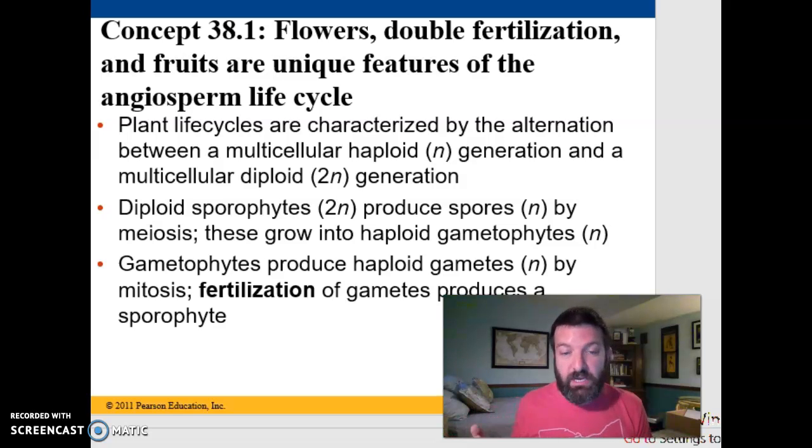The diploid stage, the 2N stage, is called a sporophyte because it has sections of cells that will undergo meiosis to produce haploid spores, which will then leave, depending on the type of plant, and maybe grow up into a haploid multicellular structure, which will then produce gametes. And so this haploid structure is called a gametophyte because it makes gametes. The gametes will then come together to form a diploid zygote, which will grow into another sporophyte after fertilization.